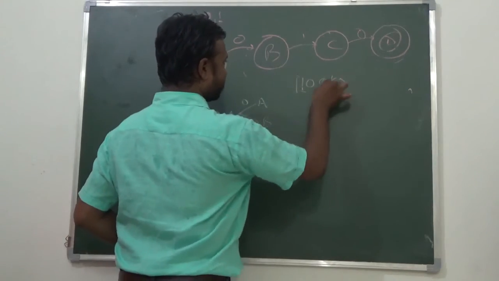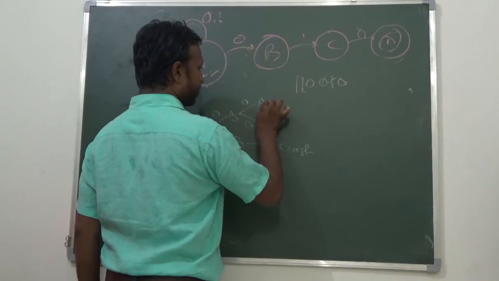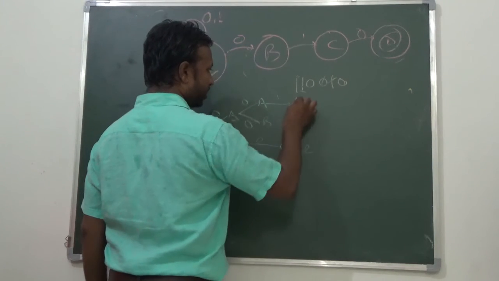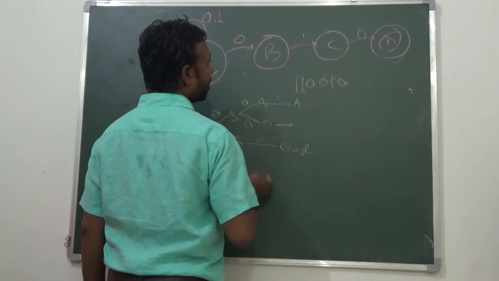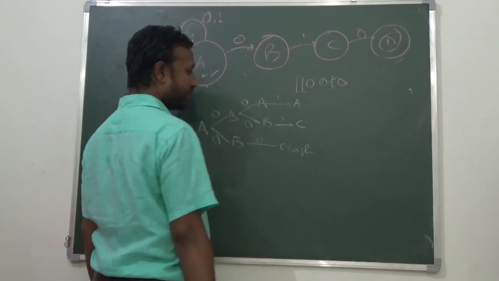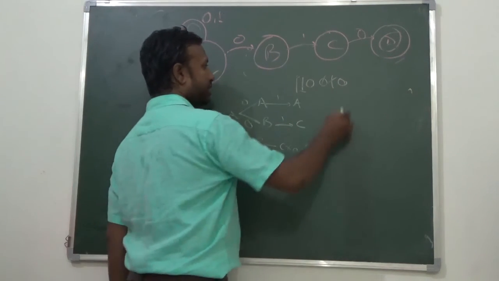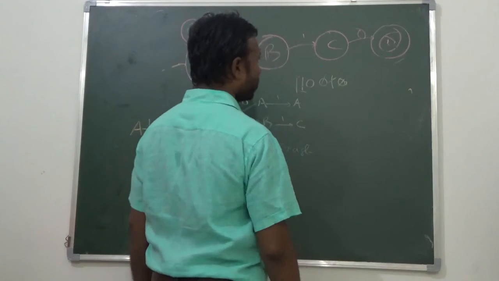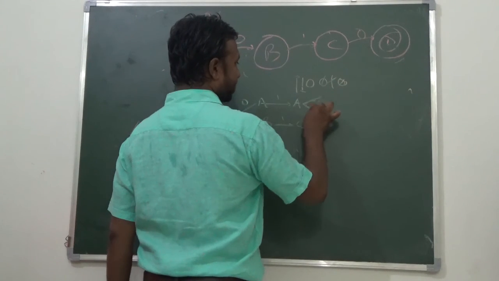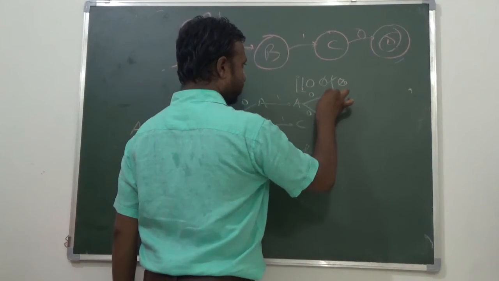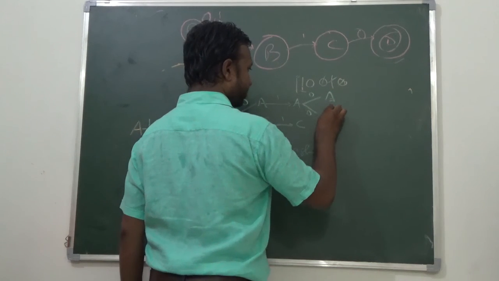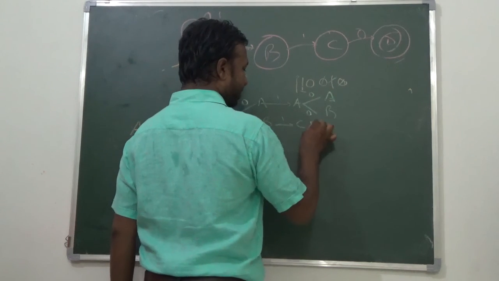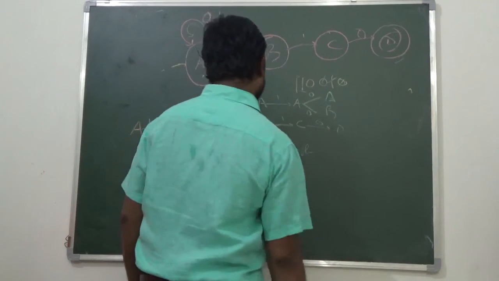Now the machine needs to process this 1, and from A there is only one option, it goes to the state A, but from B the machine can go to the state C. Now the machine needs to process this 0, and from A there are two choices, either it goes to the state A or it goes to the state B. From C there is only one option, it goes to the state D.